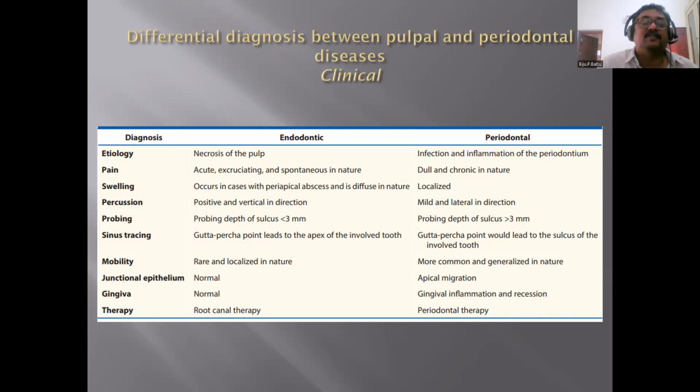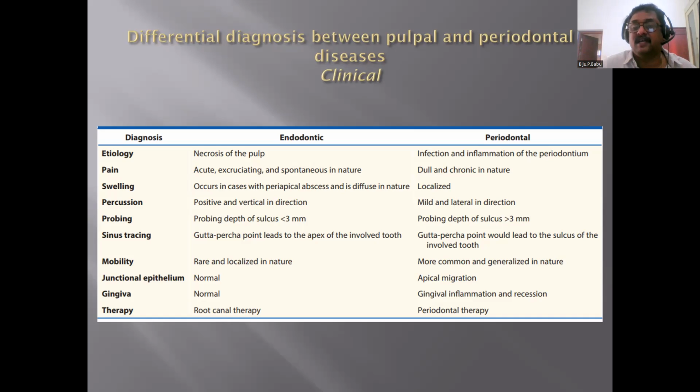Next, you have swelling in endodontic. Only when the infection has reached the periapical area and results in an abscess, there is swelling. Otherwise, the swelling is inside the pulp chamber, and it is very severe because the inflammation of the pulp is in the pulp cavity.